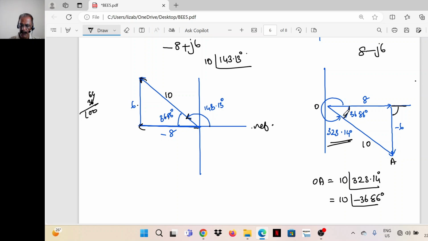Minus 36.86 means you have to move in the clockwise direction through 36.86 degrees. The same position can be reached by moving in the counterclockwise direction through an angle of 323.14 degrees, because 360 minus 36.86 is 323.14. So the phasor OA can be represented in polar form as 10 angle minus 36.86 or 10 angle 323.14.